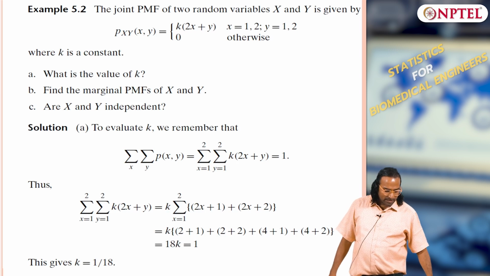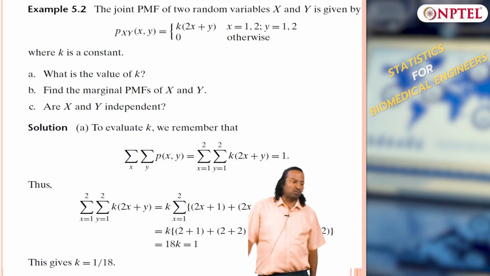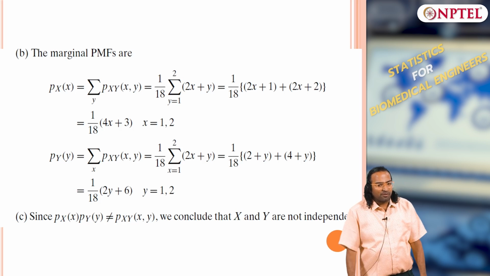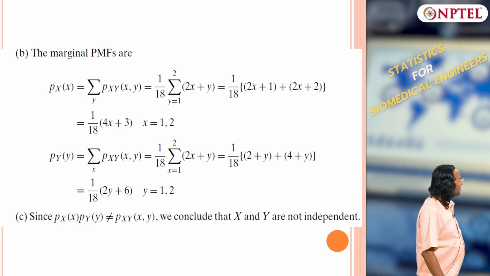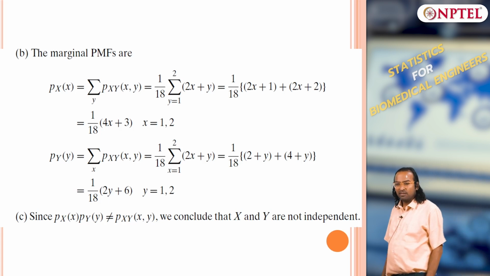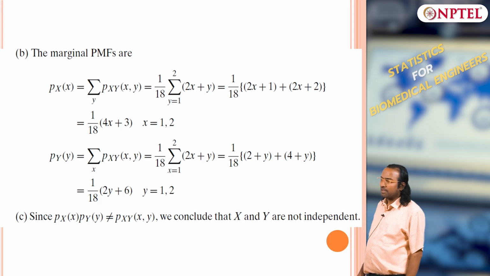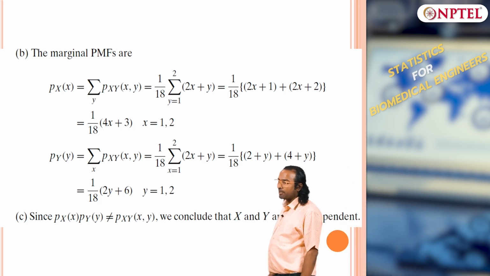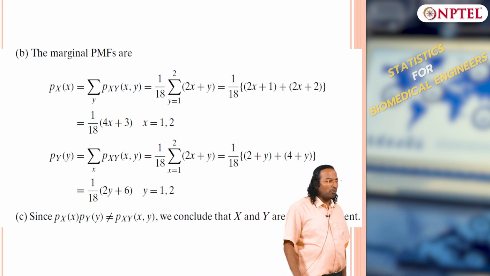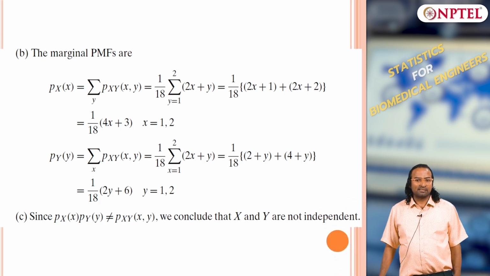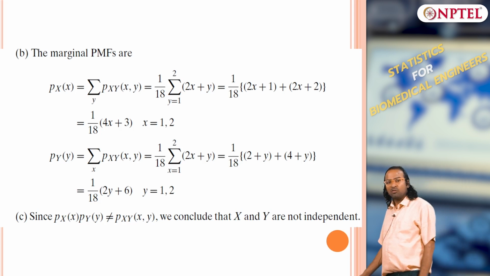Now find the marginals of x and y. How do I do it? Simple: keep x and summate over y, so it should be a function of x alone. We summate over the 2 values of y and x is kept as such. So the marginal of x is 1 over 18 into (4x plus 3), that is the distribution along x, because I have just summated along the y axis.